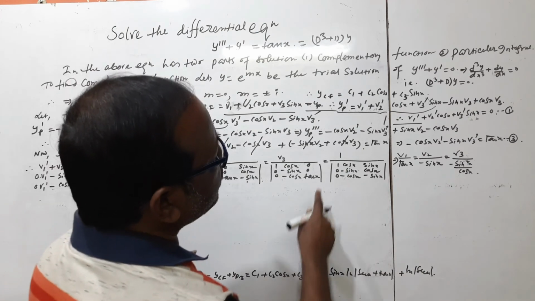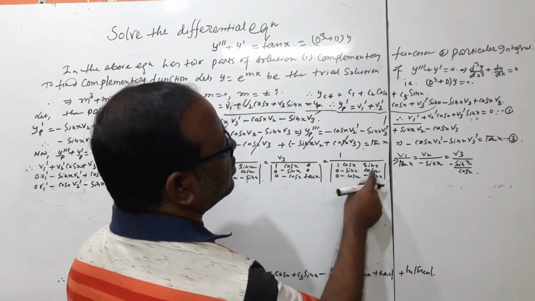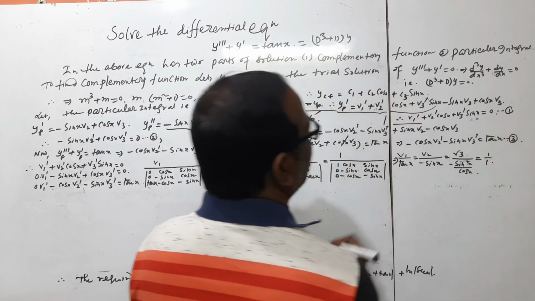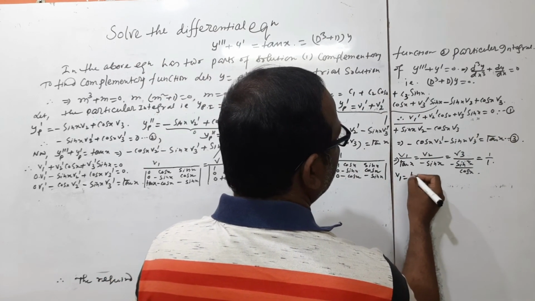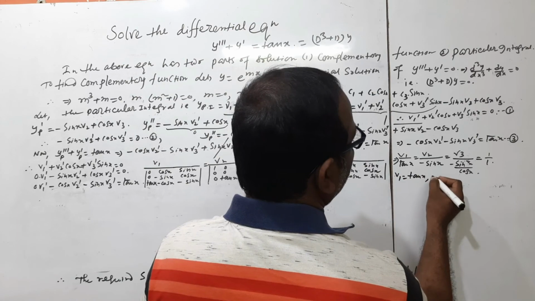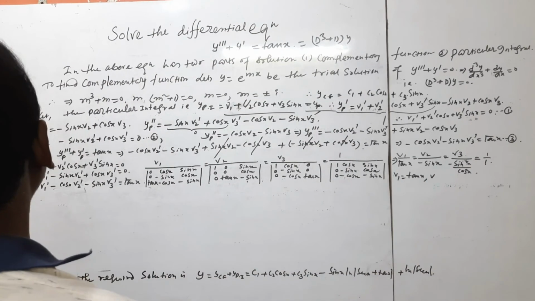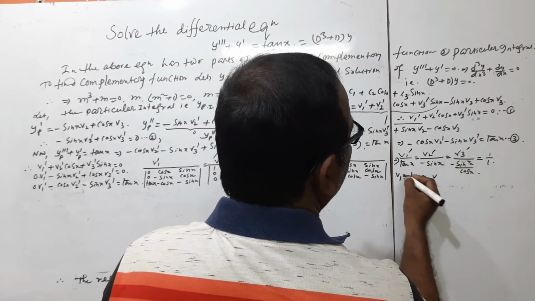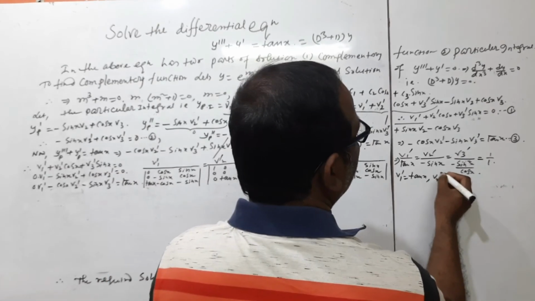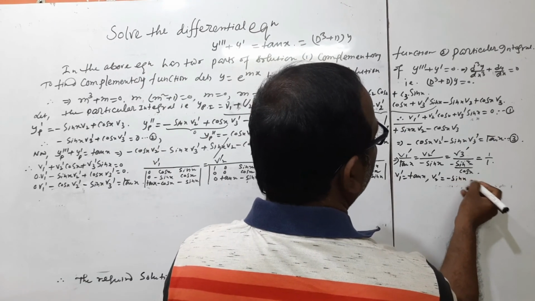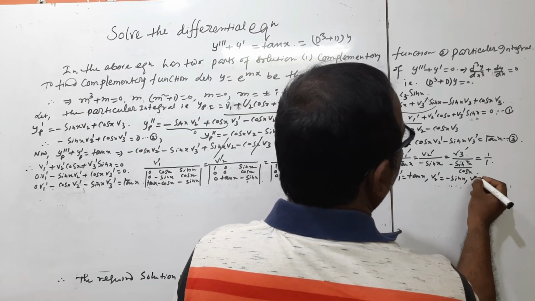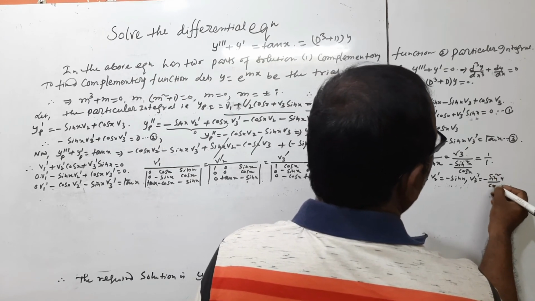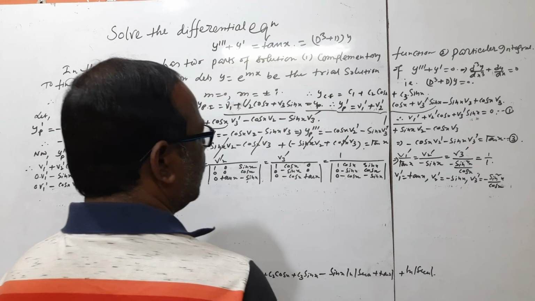And now if we solve this, sin square plus cos square, this is 1 over 1, so v1' is equal to tan x, I have wrongly written, this is dashed, so v1' equal to tan x, v2' equal to minus sin x, and v3' equal to minus sin square x by cos x.